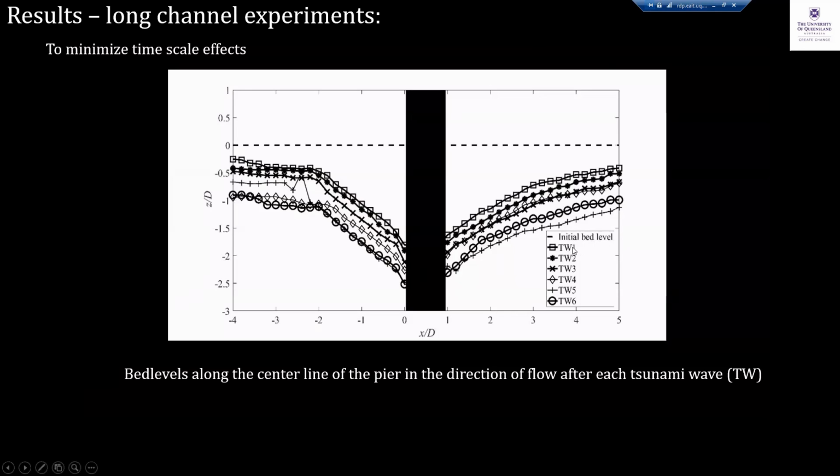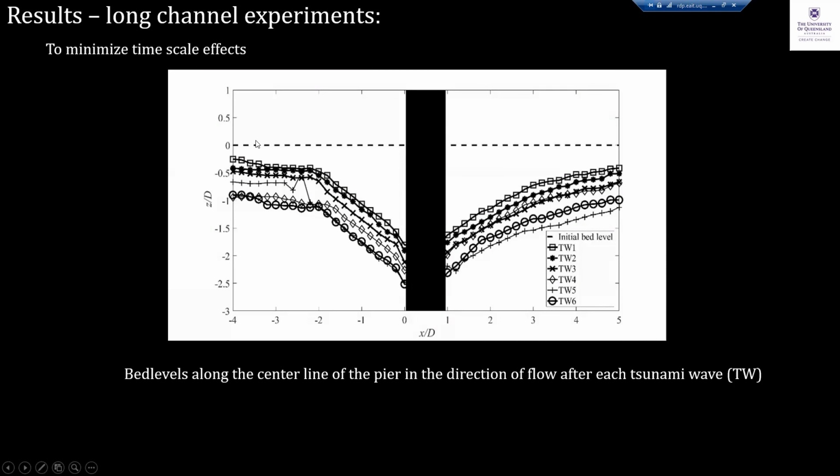So TW1 to TW6 represent 6 tsunami waves, one after the other. If you remember from earlier slides, I showed the water level in the Japan River. There were multiple tsunami waves, not just one. To replicate that, we also did 6 waves of tsunami, and the erosion in the first wave was much more rapid than the second or up to 6 waves.